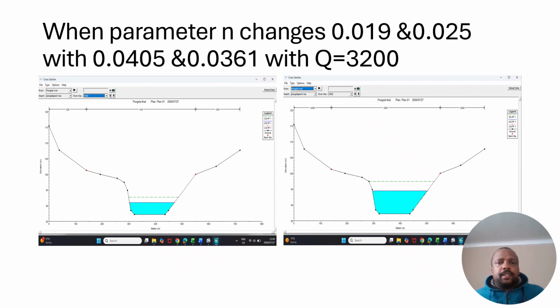The velocity increases. So that's what happens when you change the Q. But now we see even when you change the n and the discharge remains the same, it means there's also an increase in the water surface elevation. And that will result in higher energy.